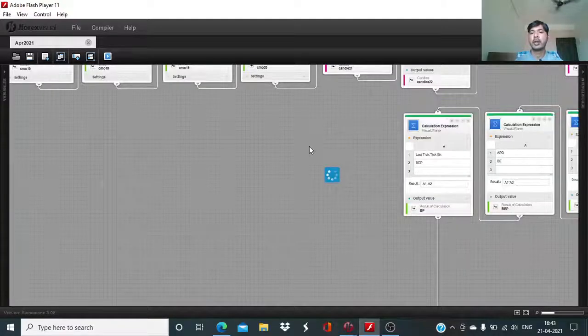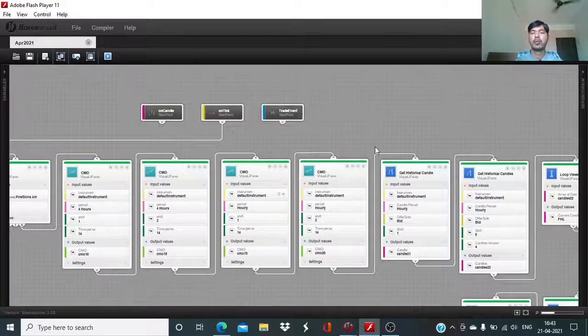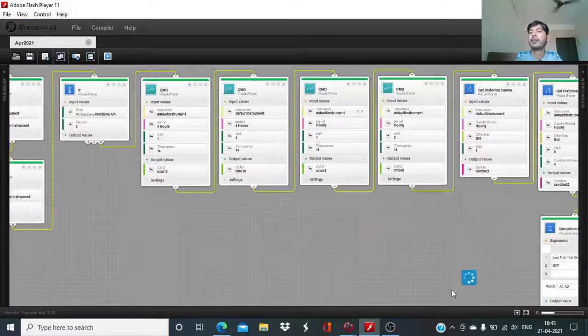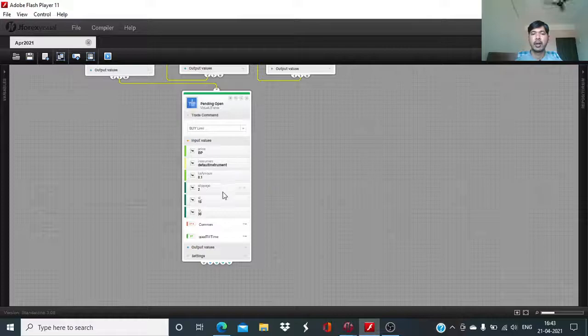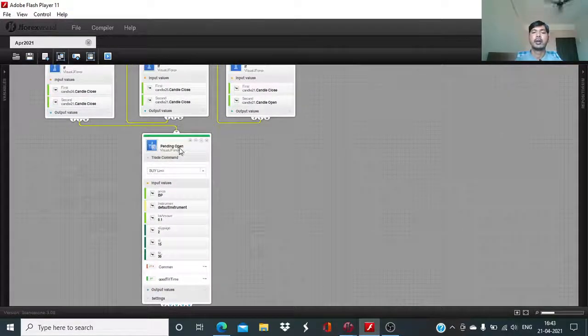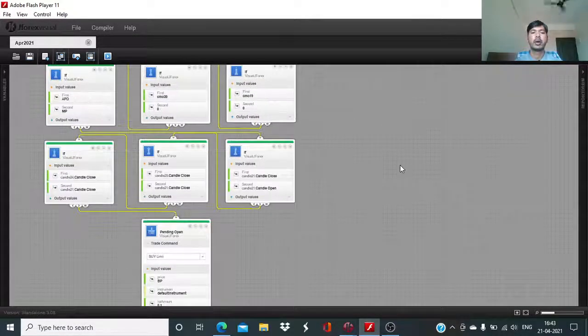And let us color code it to make sure that the iteration flow is going through, and it is all the way till this order execution block.